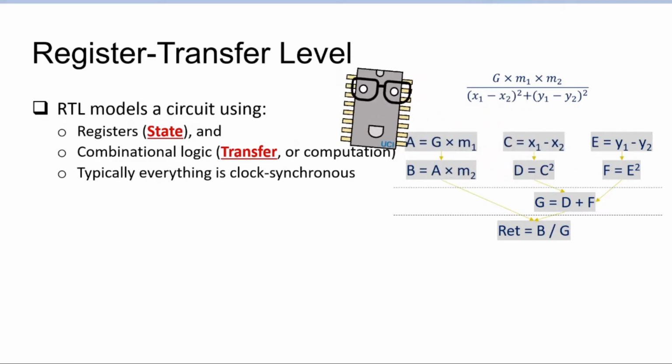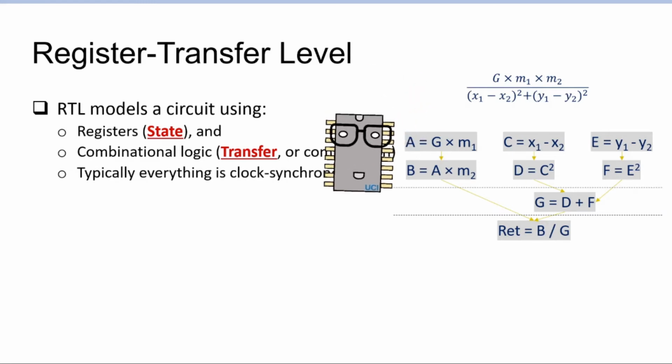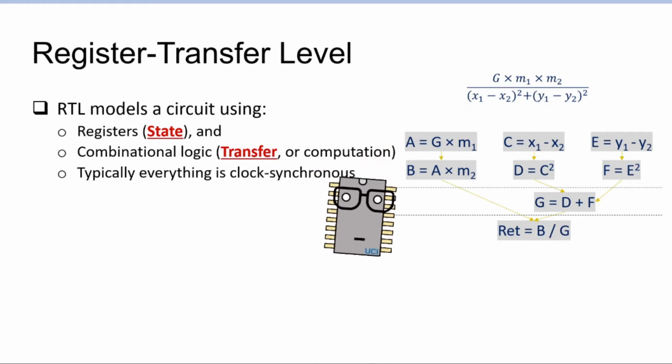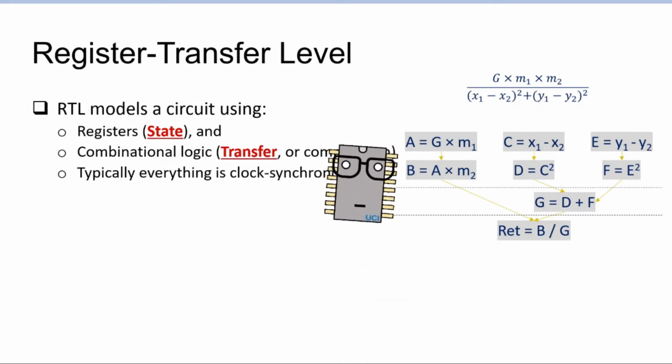This is what the equation looks like. If you were to build a pipeline implementation of this function, which we talked about briefly in the previous lecture, and we decided to pipeline it three ways, there are three stages: pipeline stage 1, stage 2, and stage 3.